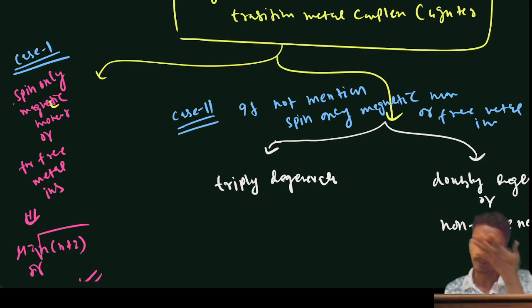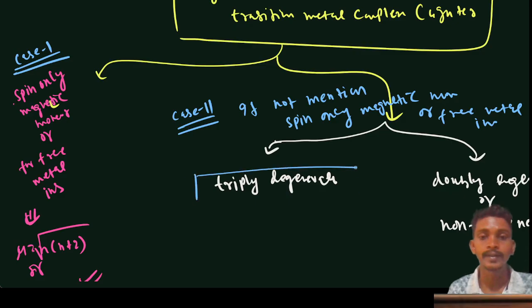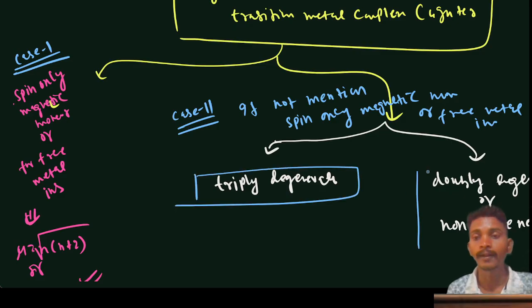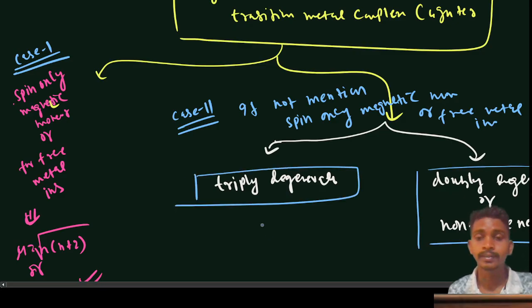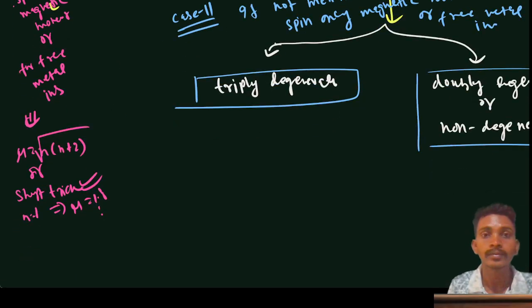One is triply degenerate and the other is the doubly degenerate case. So if it is spin only magnetic moment or free metal ions, then do not look for doubly degenerate or triply degenerate; we will not look at those things. If it is not mentioned, then we will look at whether it is triply degenerate, doubly degenerate, or non-degenerate.